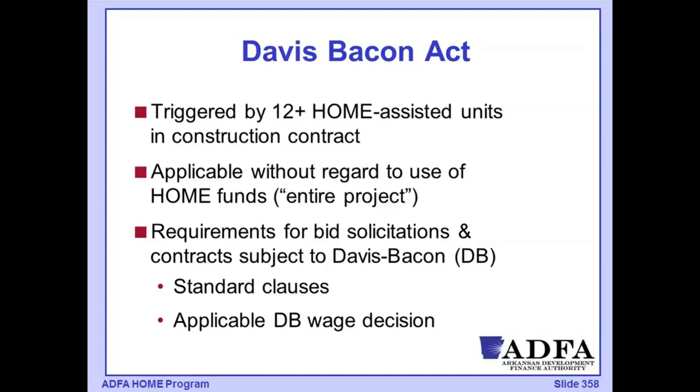It would include the Davis-Bacon wage decisions as part of that bid packet, so that our contractors that are going to submit a bid for this project would be basing their bids and their projected labor rates on the Davis-Bacon wage rates. So this is essentially a federal wage rate. It might be different than what a non-federal triggering project might pay.